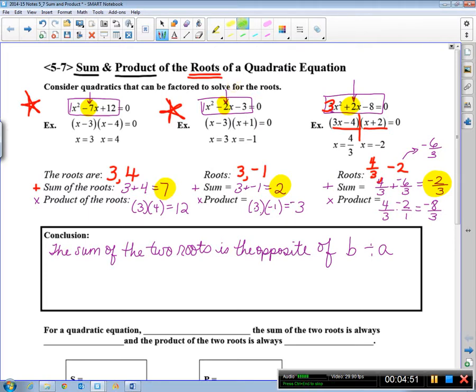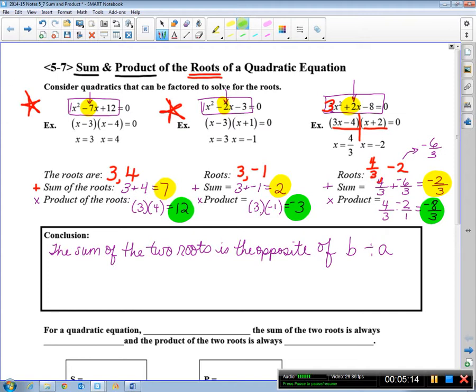Let's take a look at the products. Here our product is 12. Look up at this quadratic and see if you see a 12 anywhere. Here our product is negative 3. Do you see a -3 anywhere in the quadratic? And here our product was -8/3.